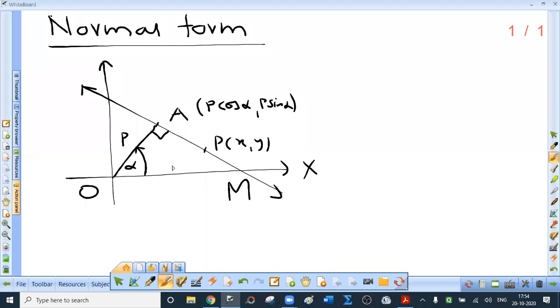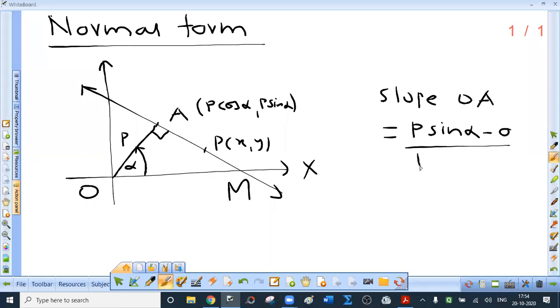Origin is (0, 0). So I will say slope OA is p sin alpha minus 0 upon p cos alpha minus 0. That is what? I will not write tan alpha. I will again write sin alpha upon cos alpha.